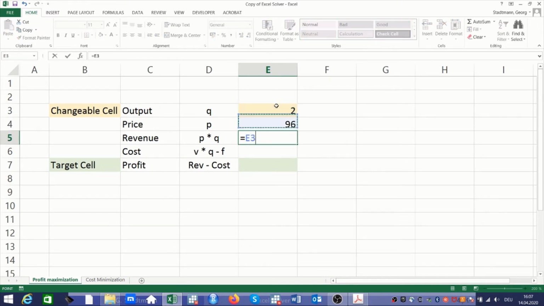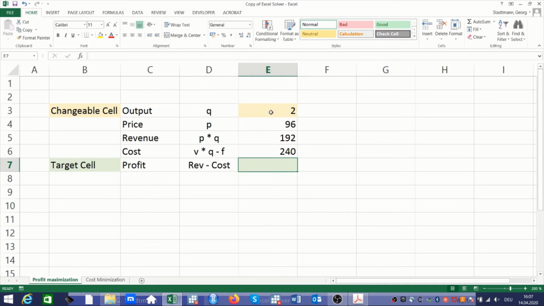Revenues are given by price times quantity, so E4 times E3. The costs are given by 20 times the quantity. So 20, these are the variable cost times the quantity. And then we also have to add the 200 fixed cost.